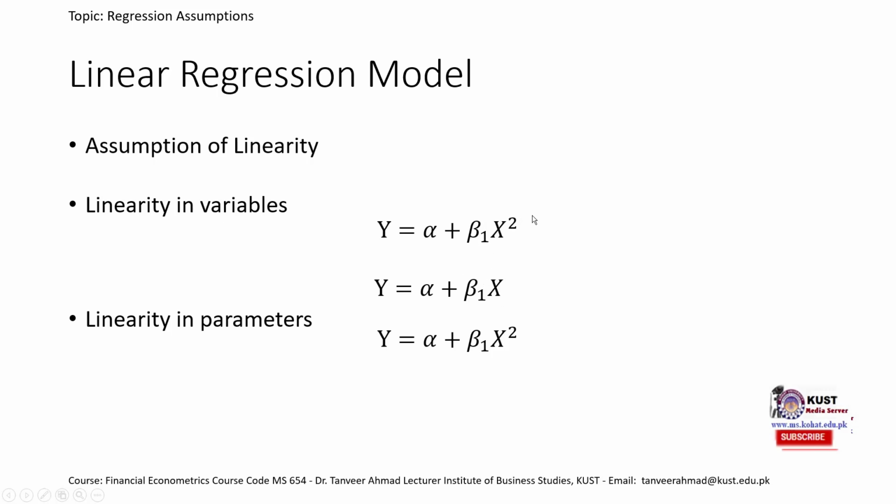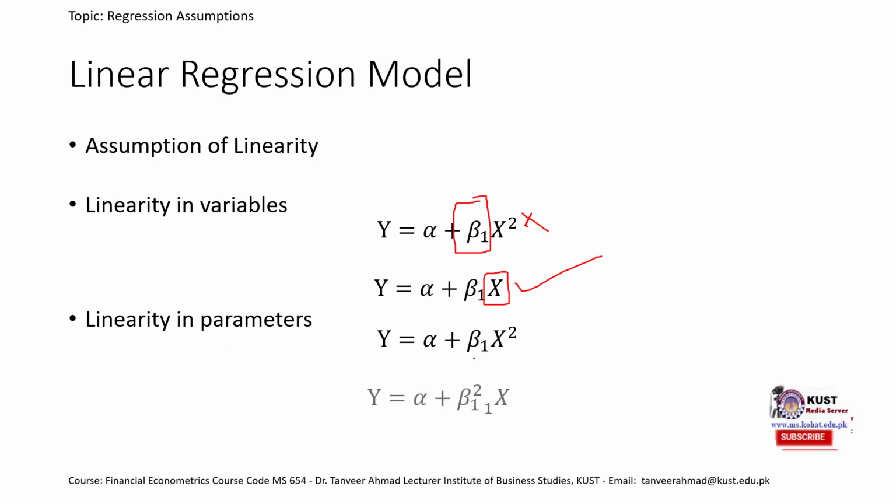So in this case, this model where we have a quadratic term is not linear in the sense that there is no linearity in variables. But although the parameters are linear, in this specific equation we have this x term which is linear, so the variables are linear.